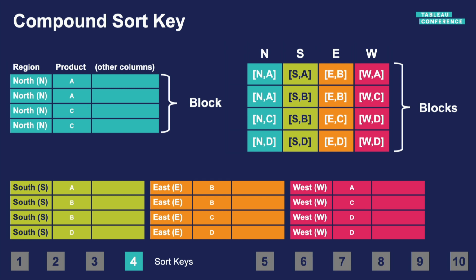In this diagram, it's on purpose that product has two values of A's in the north region versus the east region doesn't have any A's, to drive the point that if you search for just product and you want product A, you're going to have to search the entire table, and it's not going to be performant.